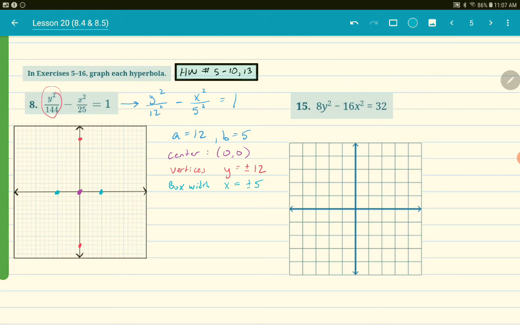Yeah, that's good. All right, so I think about the red one as 12 units high, the blue one is 5 units wide, or I should say from the center. So then my box is right there. Well, almost.